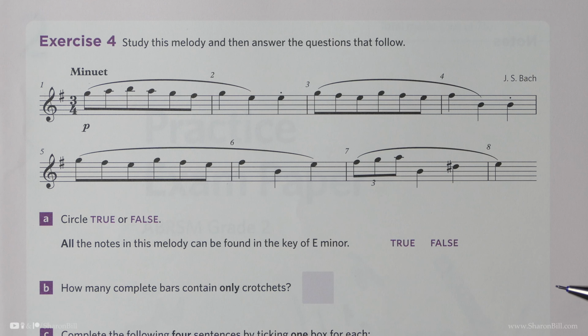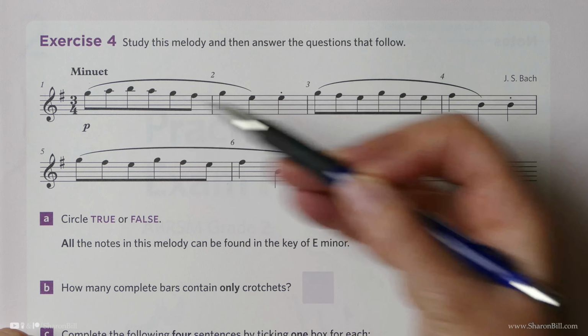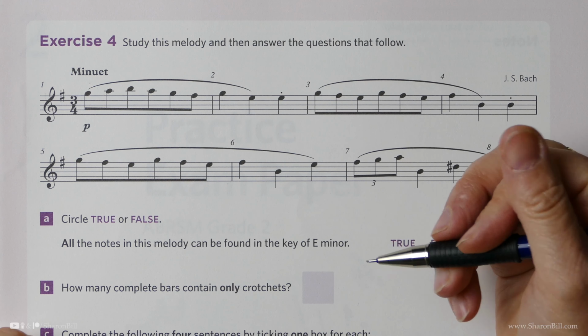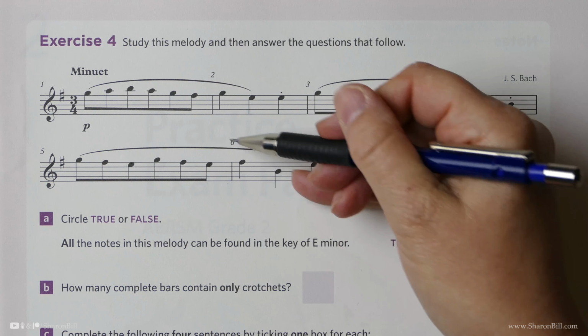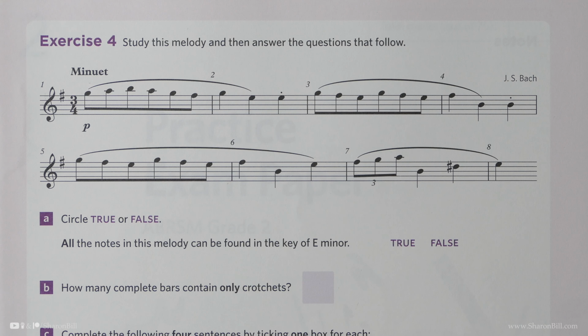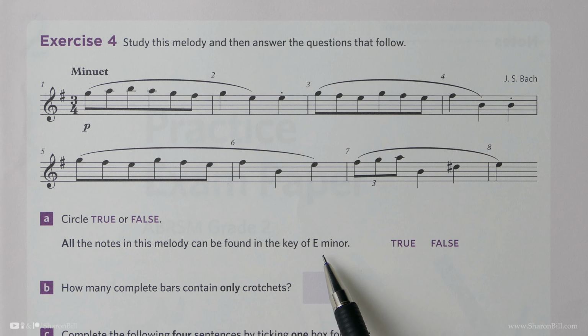So we get a little exercise, a minuet, a little dance style piece by Bach. And we're asked to comment on these questions referring back to this music here. Is it true or false that all of the notes in this piece of music can be found in the key of E minor?